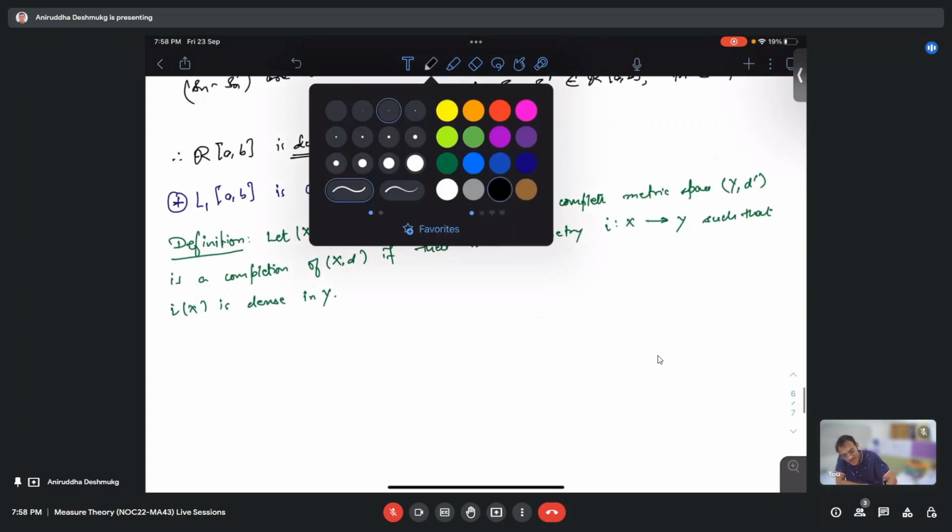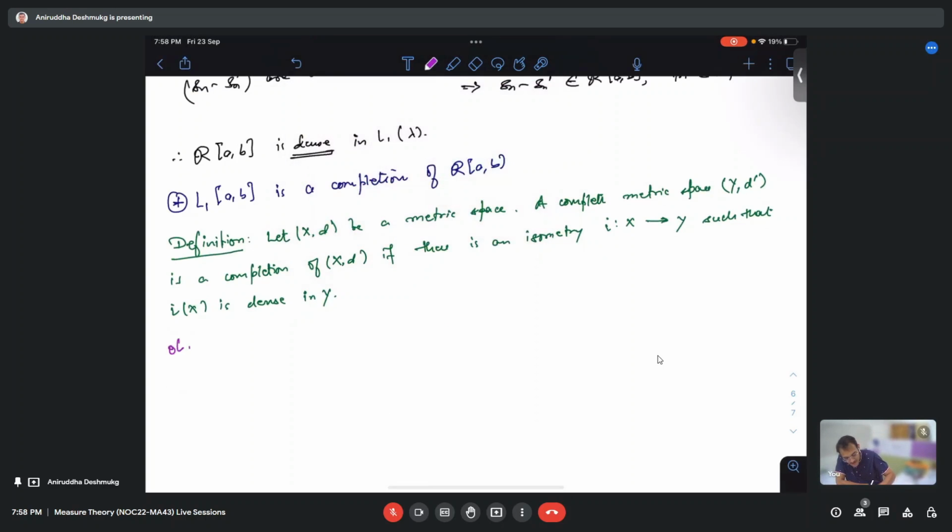So one of the easy observations is that if (X, d) is complete, then X is a completion of itself.